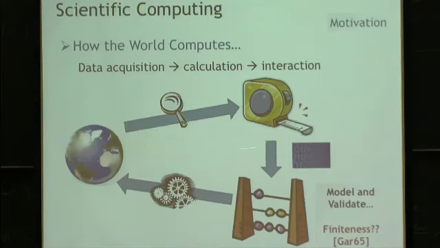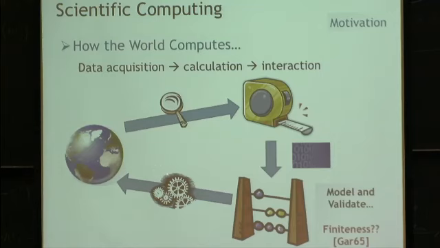So I used this slide in my PhD presentation some years ago, how the world computes. I'm mostly focused on physical models, and the process that I think is involved in scientific computing is that we want to validate some model, and then we measure things in the physical world, then we put them on a computer, and then we act in the physical world.